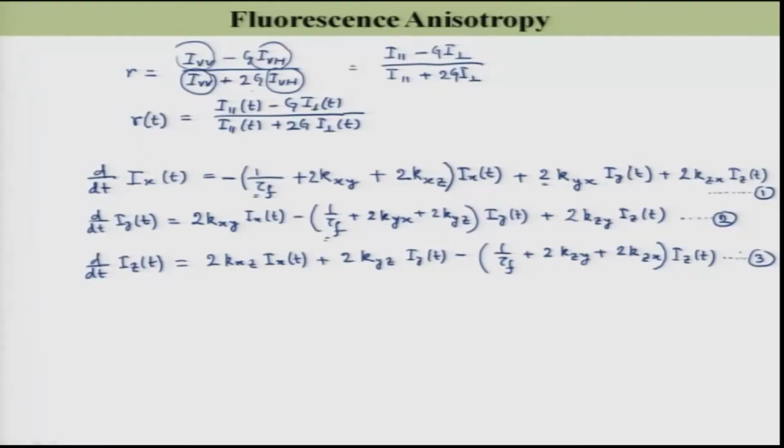So, I need to rewrite all these equations, which is difficult, but let me write it. d/dt of Ix equals minus 1 over tau f plus 4d into Ix(t) plus 2d Iy(t) plus 2d Iz(t), right.